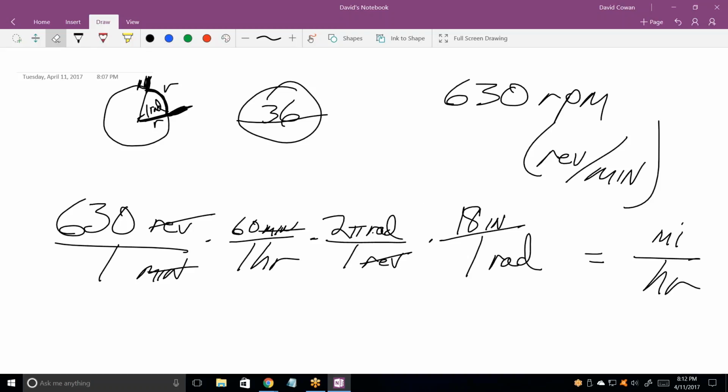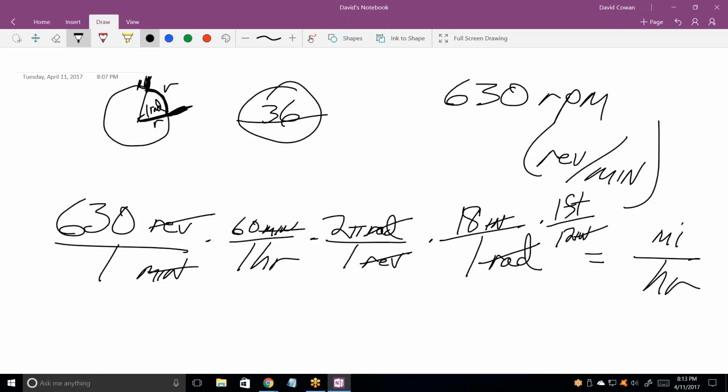Now, there's still more to go. There's times 1 foot per 12 inches. Notice now the inches go away. The radians have gone away.